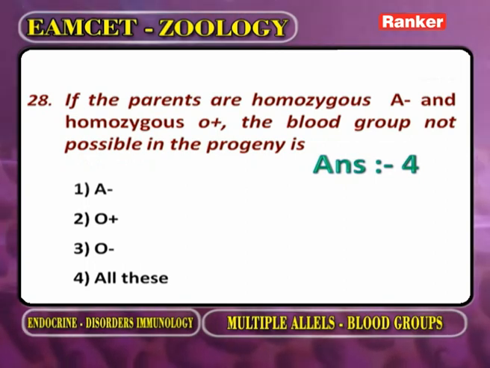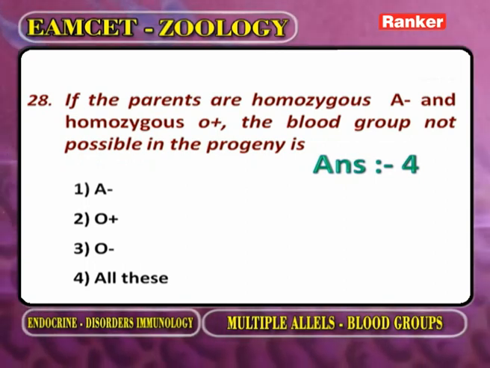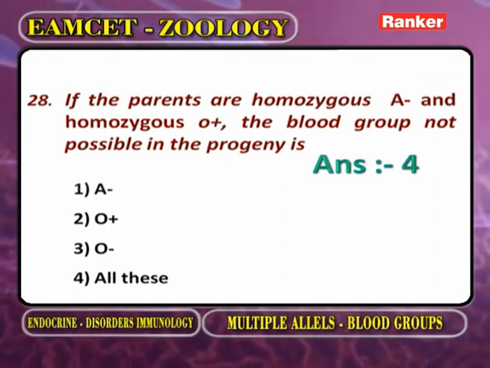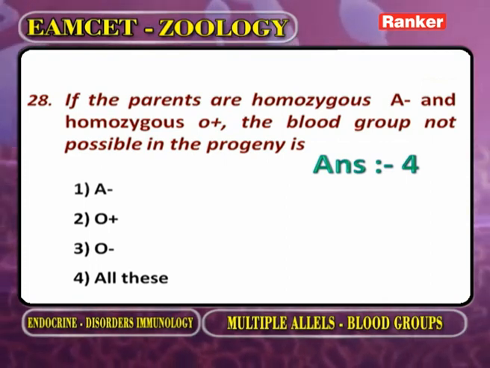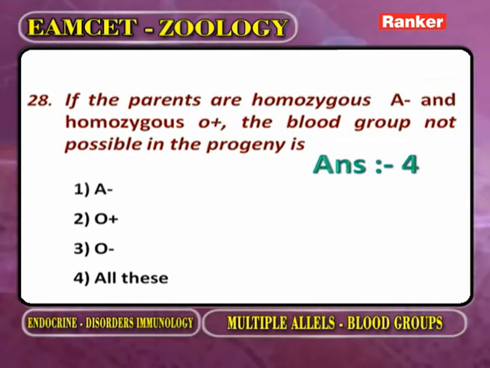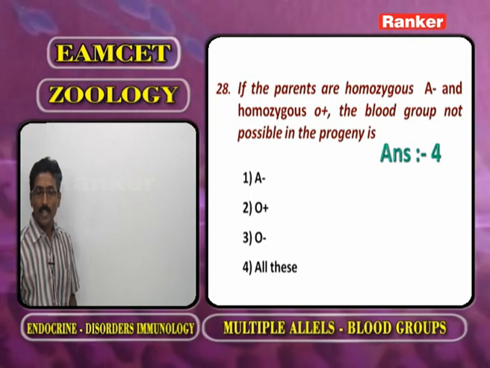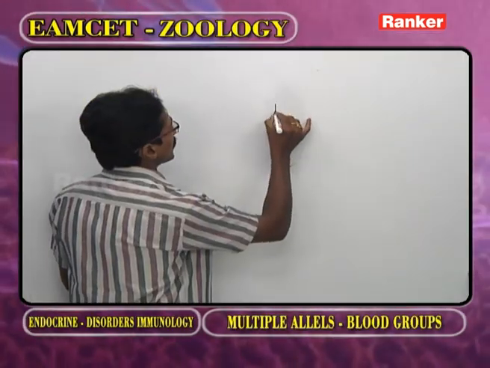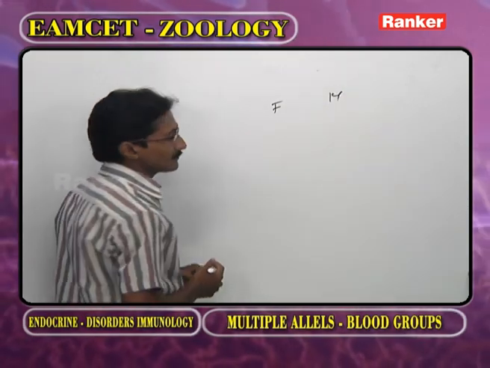Now if the parents are homozygous A negative and homozygous O positive, which blood group is not possible in the children or progeny? You observe the question we have to discuss. If the parents are homozygous, now the father and the mother.